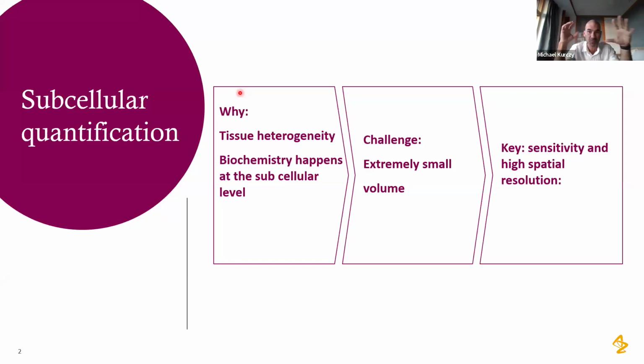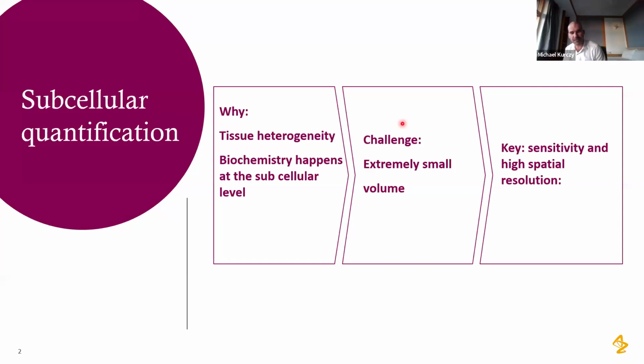The cell is the fundamental division of life, but really the pathways for disease and metabolism are happening at the subcellular level. The biggest challenge here is that the cell is an extremely small volume. Lynn was talking about her analysis, and she mentioned 10 milligrams of material or 1 million cells.